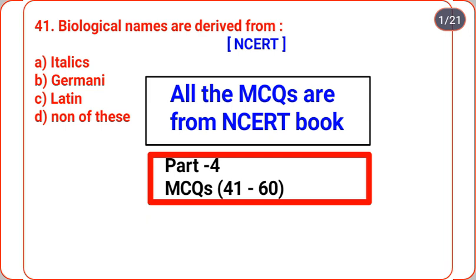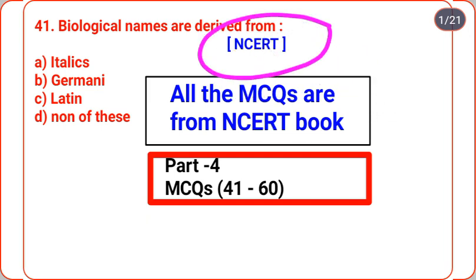Biological names are derived from option A italics, option B Germany, option C Latin, option D none of these. The question is exactly from the NCERT book.